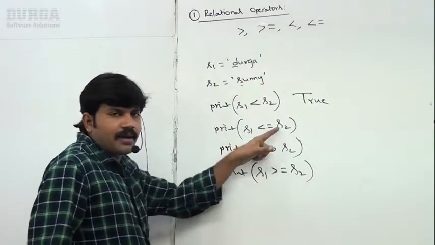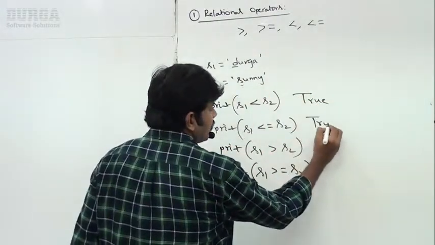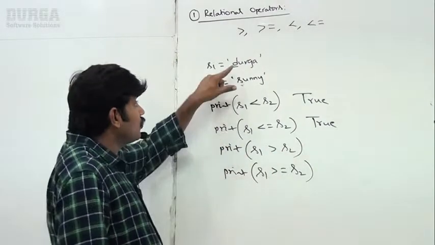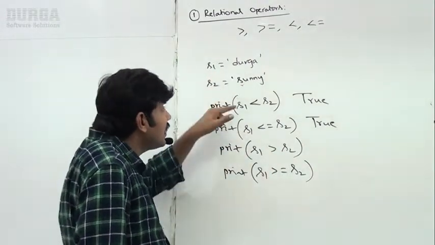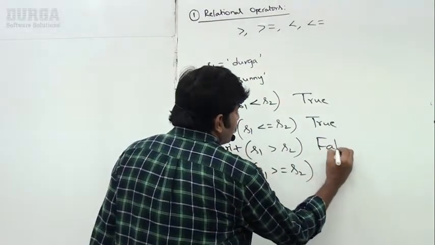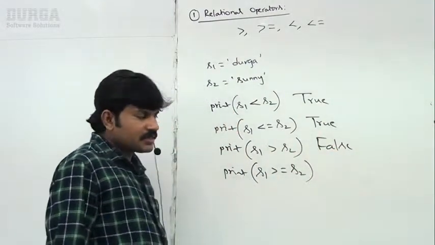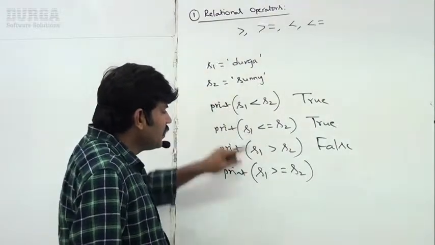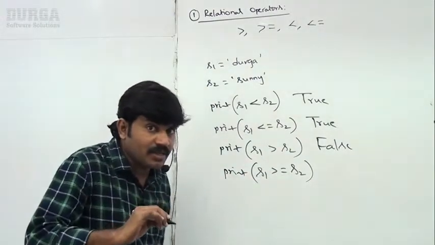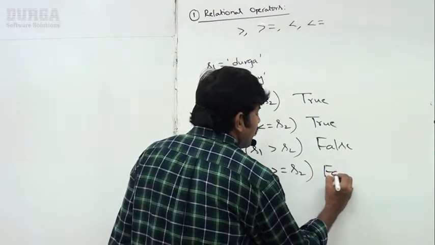Next, less than or equal to: True is the answer. Next, S1 greater than S2. Small d greater than small s? No, no. False is the answer. Next, D greater than or equal to S, no such terminology.